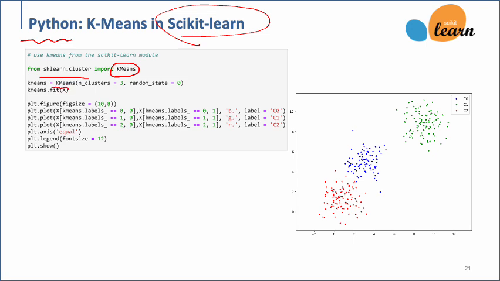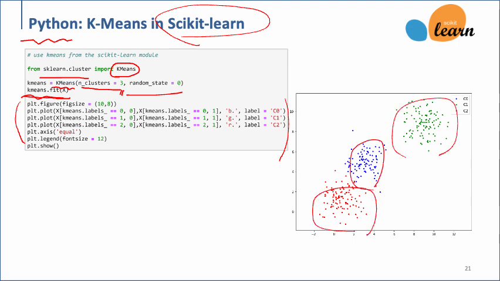The only thing you need to do is call KMeans, set n_clusters, and initialize a random state. By using the kmeans.fit method, you can train the model. After this process, when you visualize the result, you can clearly see that three clusters are properly grouped.